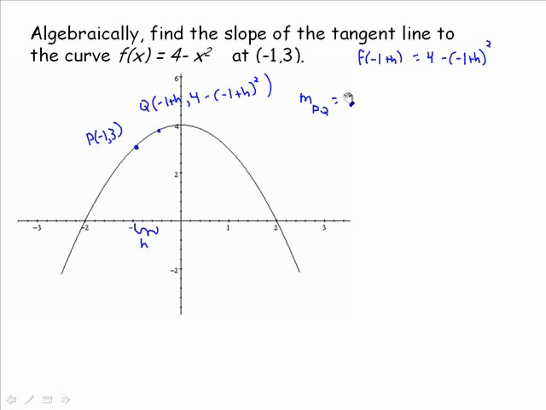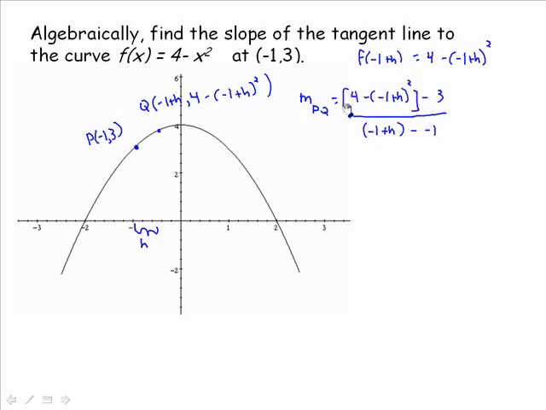So in order to get the slope, we do need 2 points. You can't just have the 1 point, but we want those 2 points to be as close together as possible. So moving on, we get 4 minus (negative 1 plus h) squared, minus the y coordinate of 3, all divided by negative 1 plus h minus negative 1.